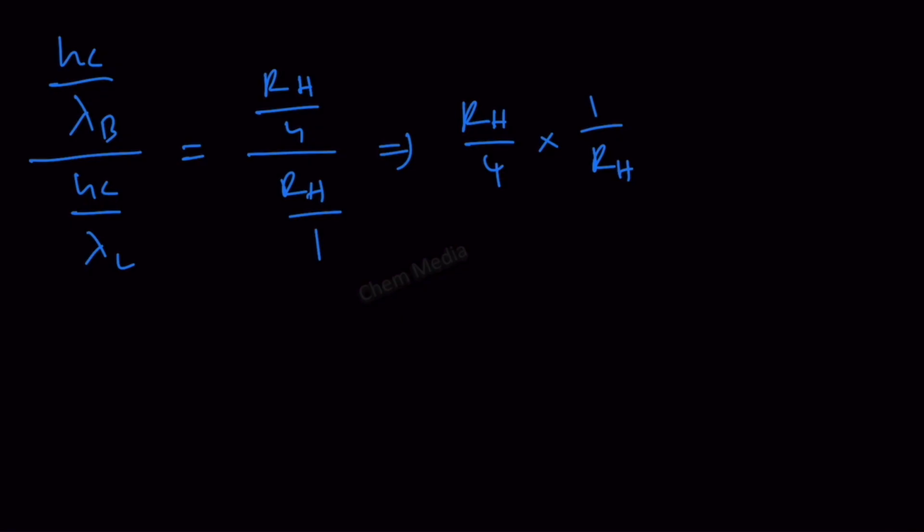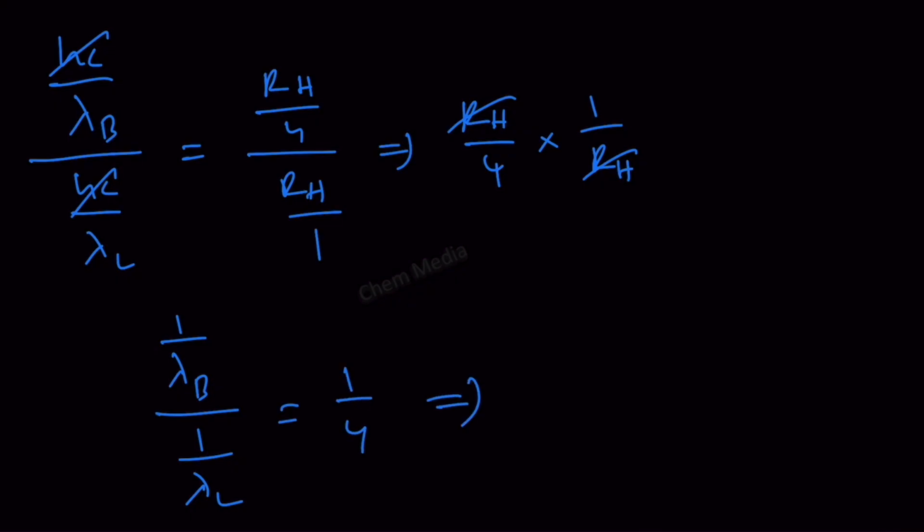So we can write it this way. Common terms we can cancel. So this means 1 by lambda b divided by 1 by lambda L is equal to 1 by 4, which we can write as 1 by lambda b times lambda L divided by 1, and that is equal to 1 by 4.